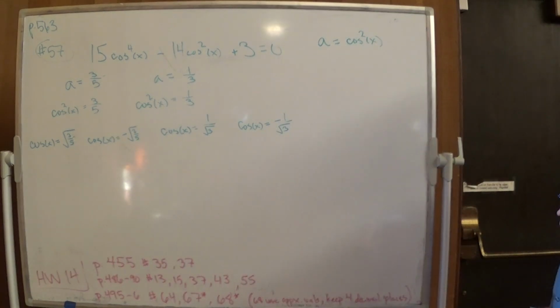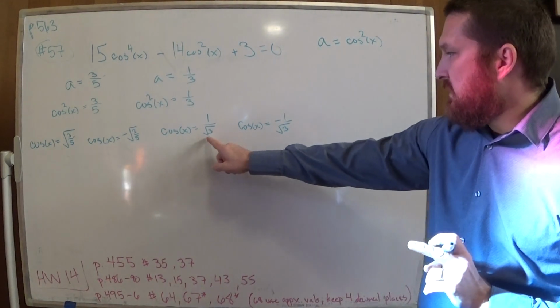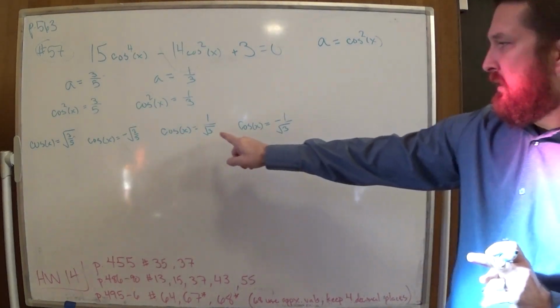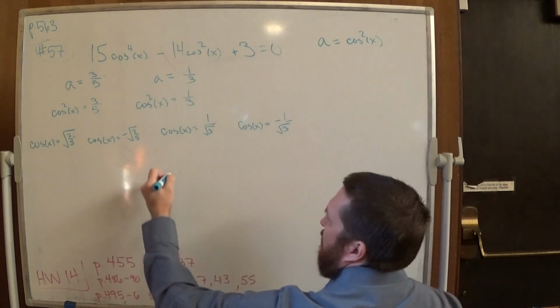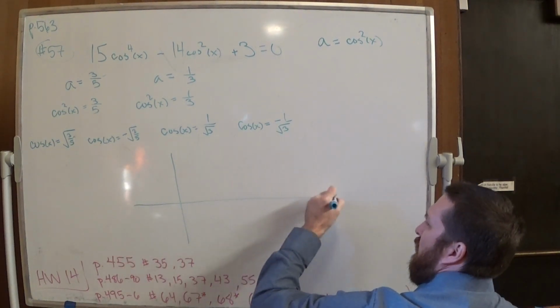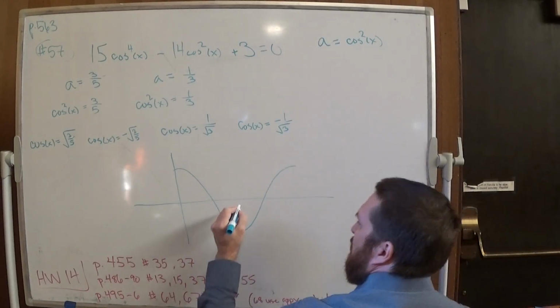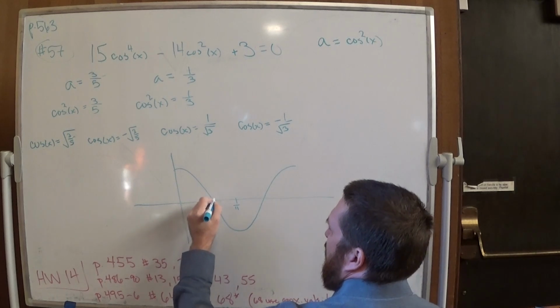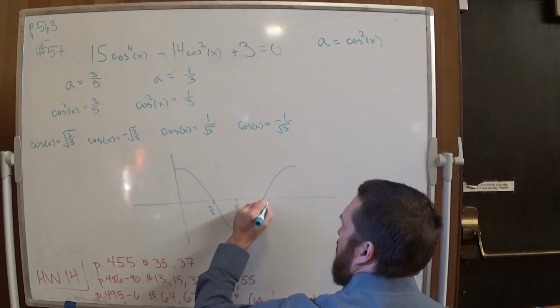Now, let's think about this. First off, I want to think about what's going to get pulled back where. One way of doing that is to say, here's pi over 2, here's pi, here's 3 pi over 2.